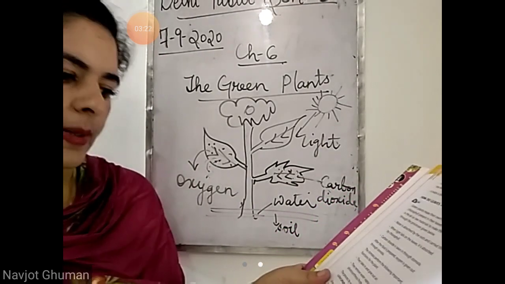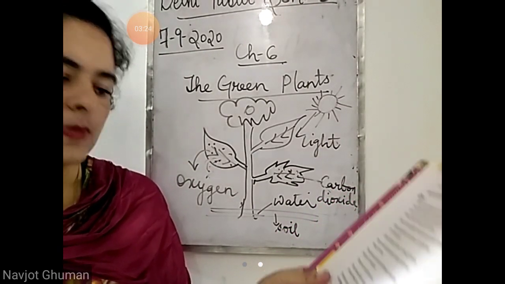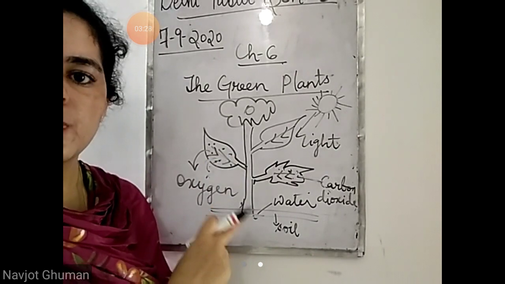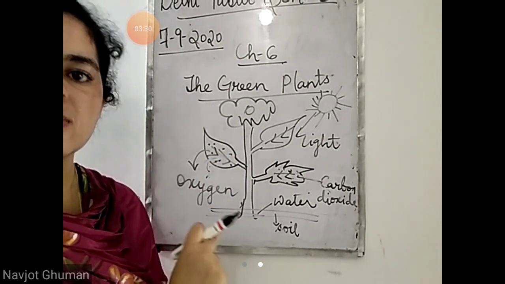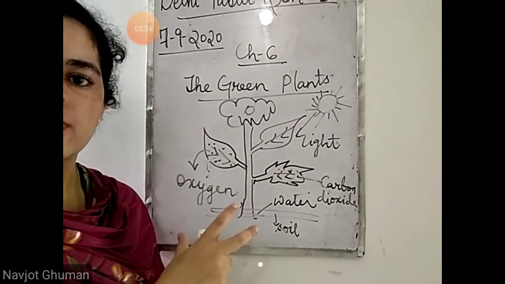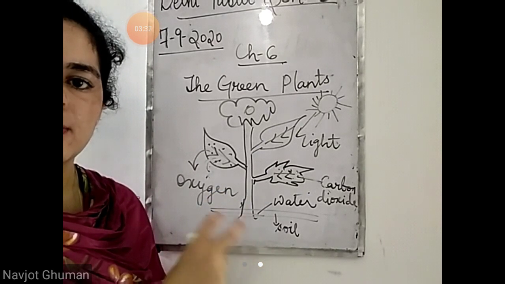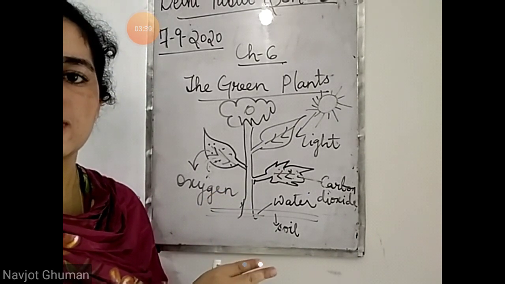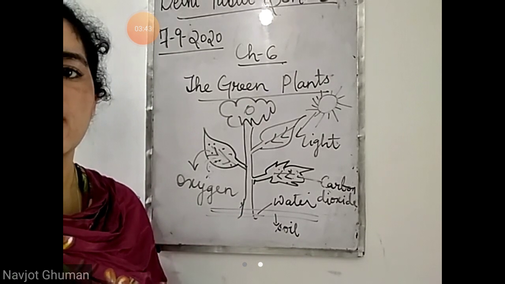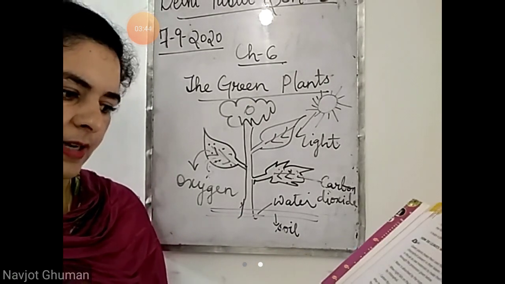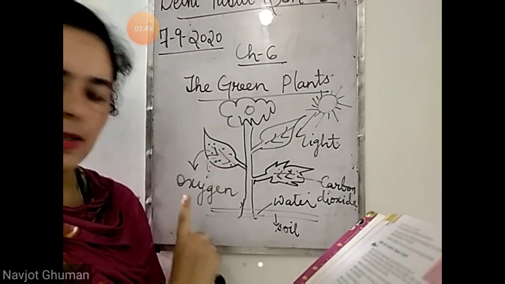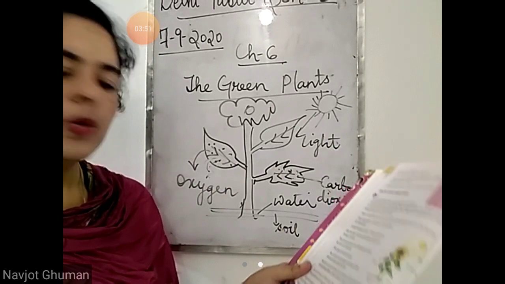They remove water vapor and oxygen after photosynthesis from the plant. What is photosynthesis? The process of preparing food by the plants is called photosynthesis. So after the photosynthesis is over, after the food has been prepared by the plants, what do the stomata do after that? One, they release oxygen, then after that they remove water vapor.